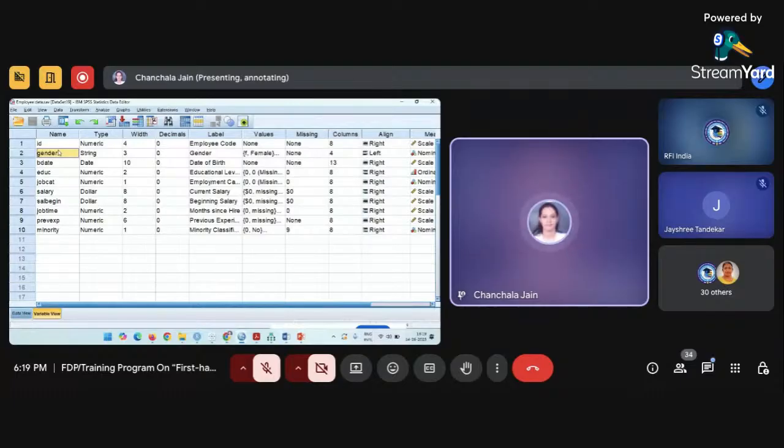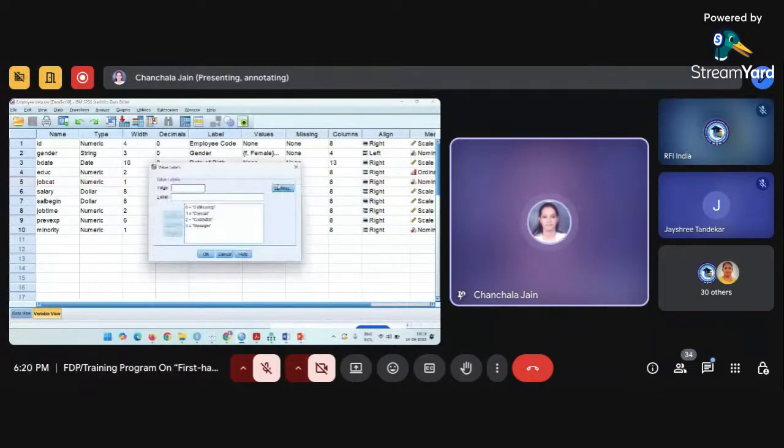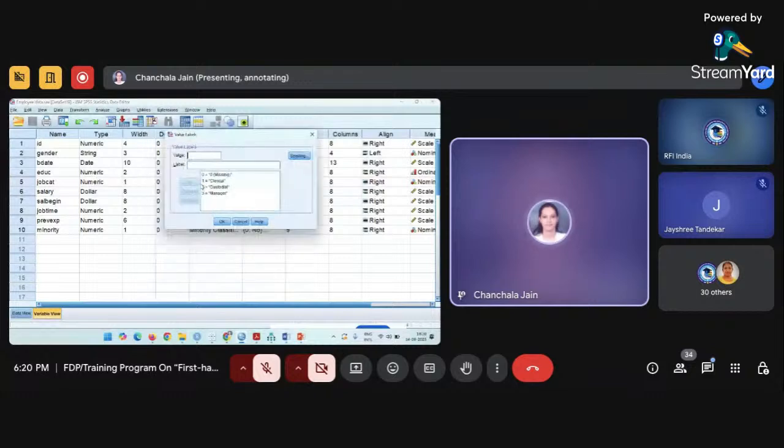In this, you can see I am in the variable view. There you can find I am having a variable salary, which we have already taken in the case of independent sample t-test. So this variable I'm keeping the same. And with this, I'm using a variable named job category. You can come to the values section of the variable view. Click on the three dots. You can find there are three categories: clerical, custodial, and manager.